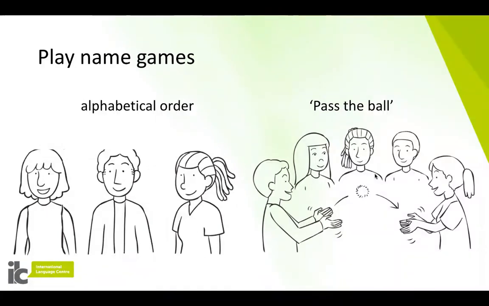Then you can extend this and make it a little more challenging. At the end, you take the ball and say, my name is Natalie and I like croissants. You throw the ball to another student, who catches it and says, her name is Natalie, she likes croissants, and my name is Vanya, I like, I don't know, tractors, for example.